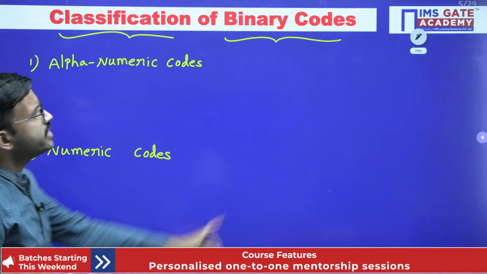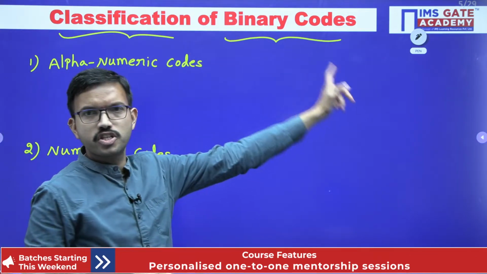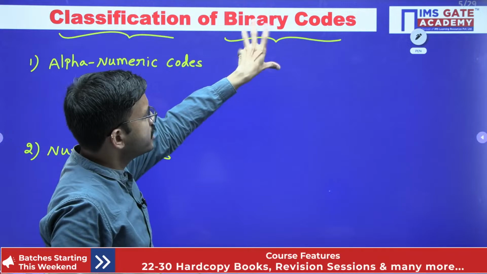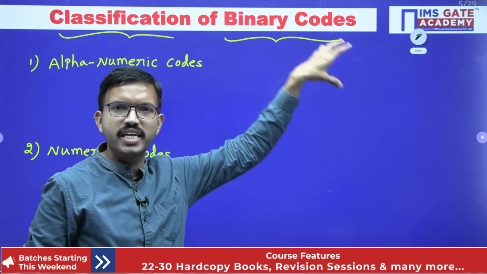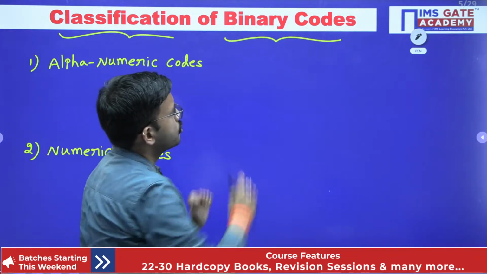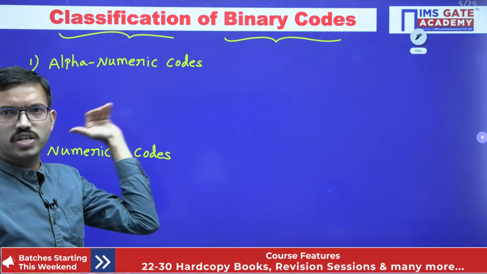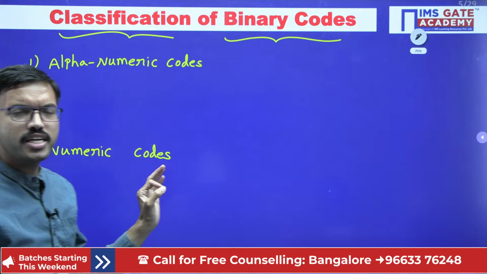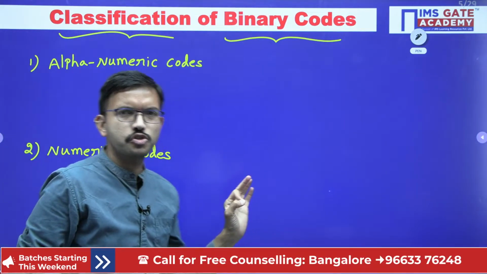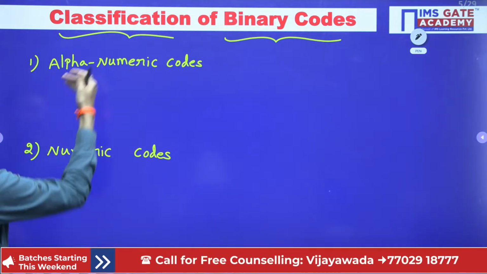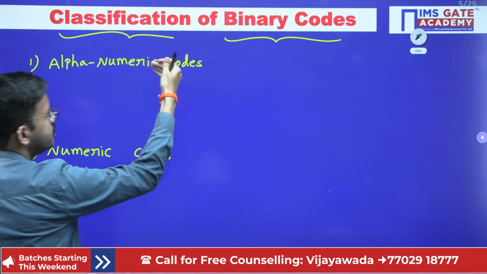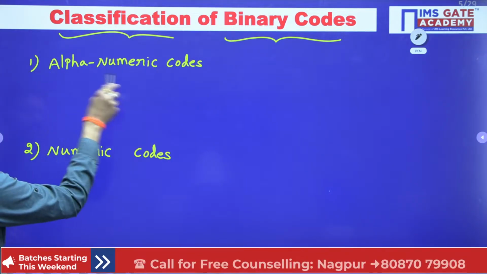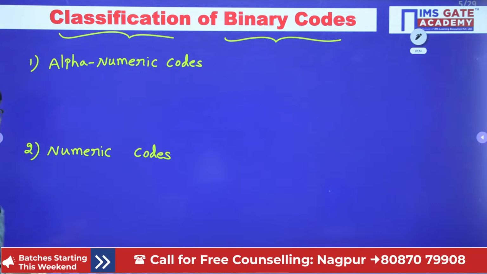Here we are using a combination of zeros and ones, and that particular pattern we are calling binary code. Based upon the application, for what purpose we are going to use those binary codes, we can broadly classify them into two types: alphanumeric and numeric codes.